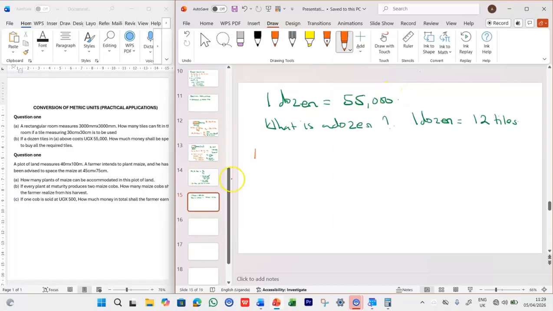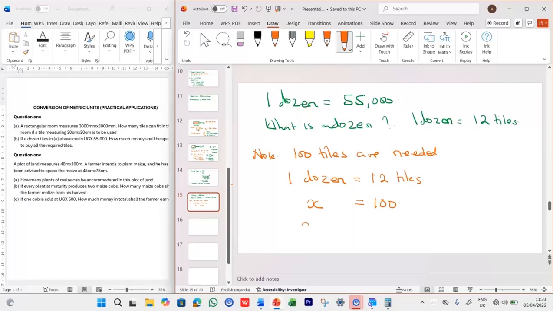So note, 100 tiles are needed. 1 dozen is equal to 12 tiles. What about x dozens is equal to 100 tiles.